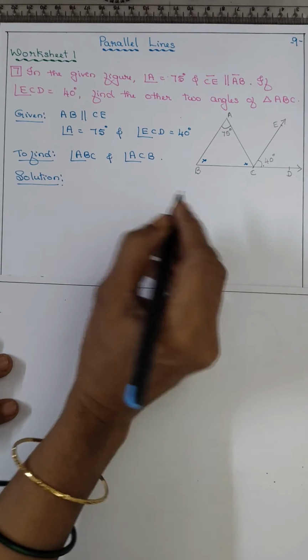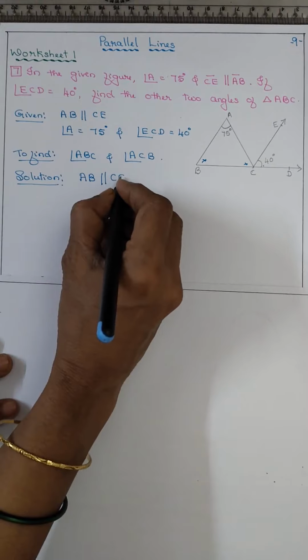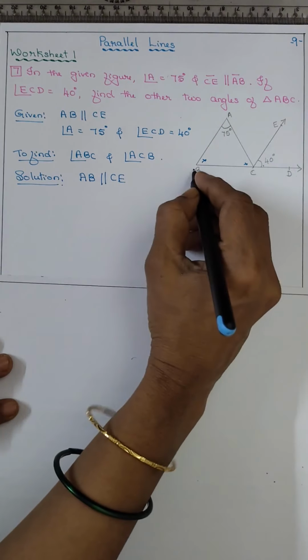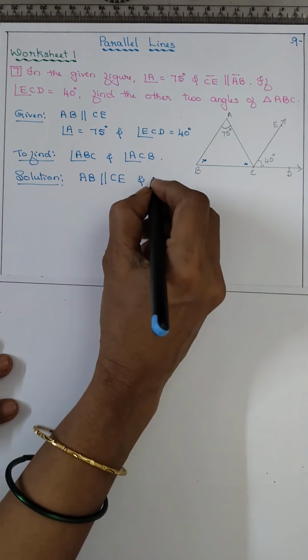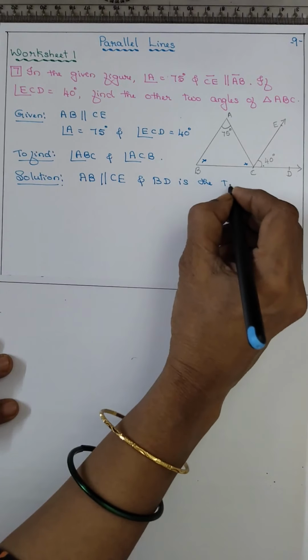So we will write AB is parallel to CE and BD is the transversal.